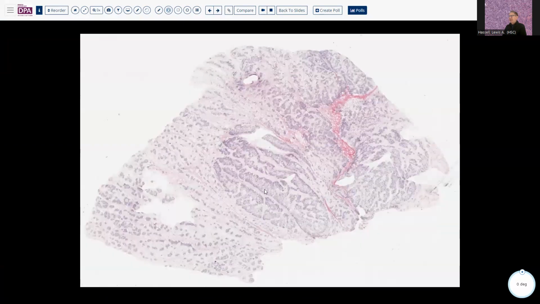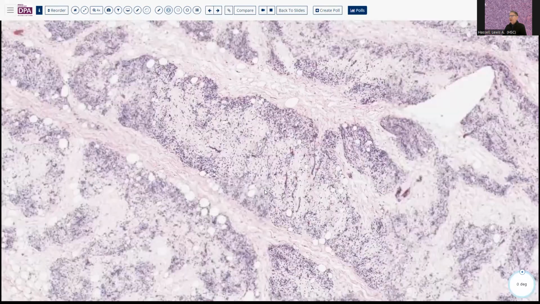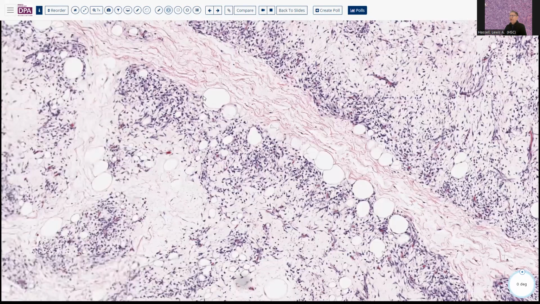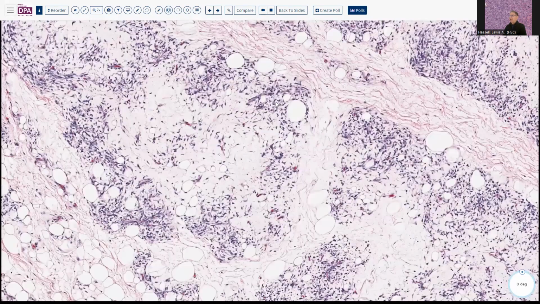And here is a very florid, well, I'm not sure this is a very, very immature lesion with a lot of this immature stromal tissue in between.